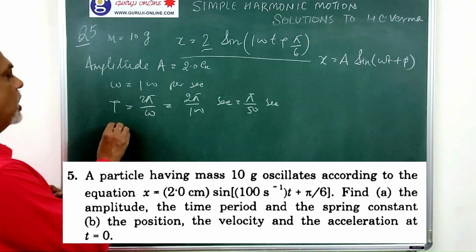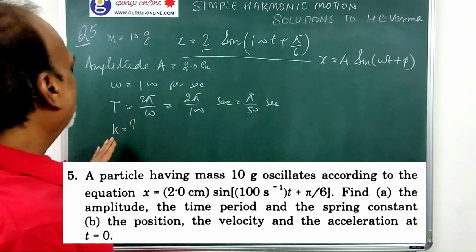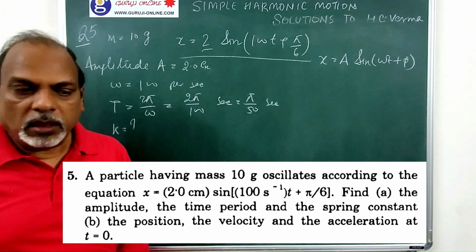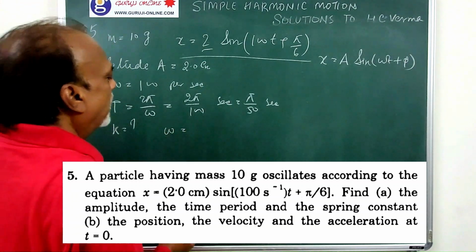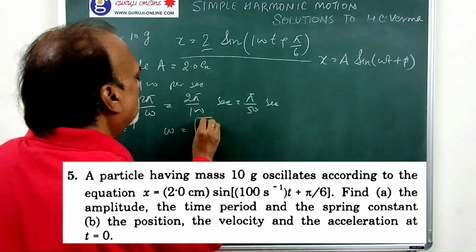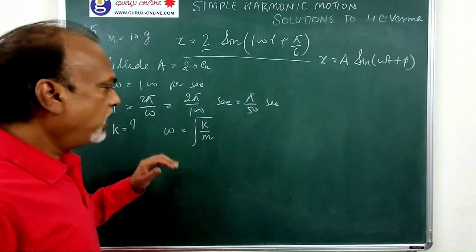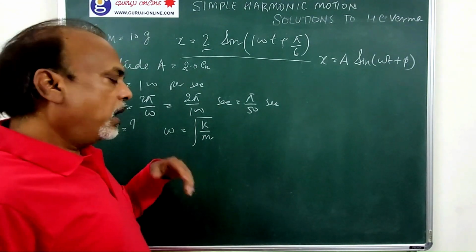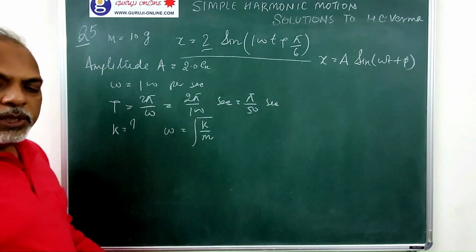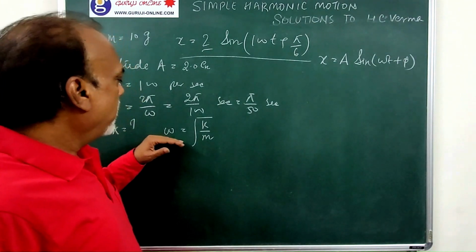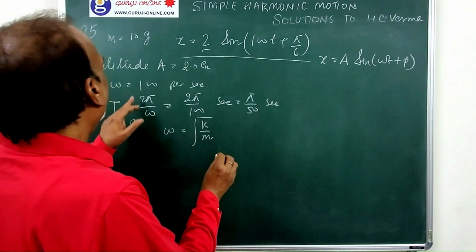And they are asking spring constant. What is spring constant? We can relate spring constant with angular frequency. That is, angular frequency is nothing but root of K by M. This we have studied in the spring block system in simple harmonic motion. Omega is this. So omega we know, omega is 100.